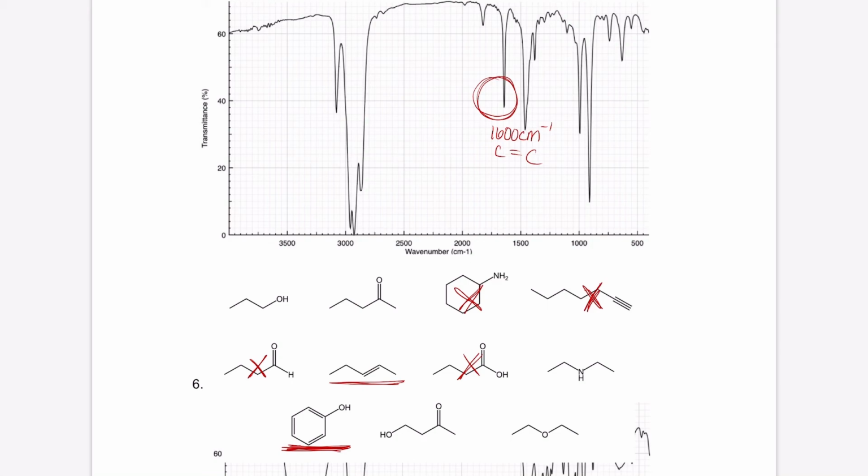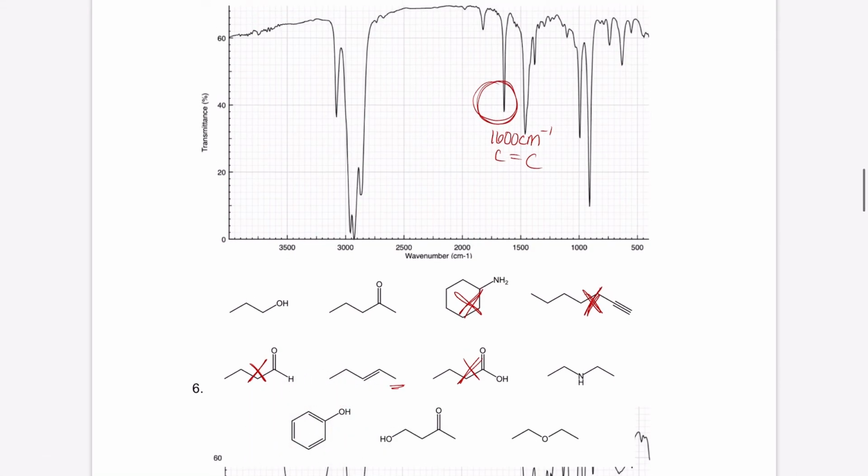Now, we could do a process of elimination, because if we look at the alcohol containing one, this is an aromatic, right? And if we were to have an OH group, then on our spectrum, we should see a broad band around our 3300 area. However, we do not see a broad band, so we know that an alcohol is not present in this structure.